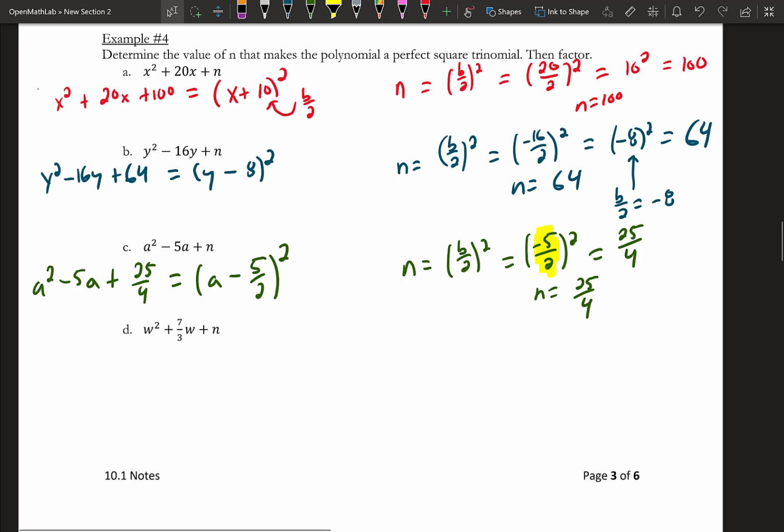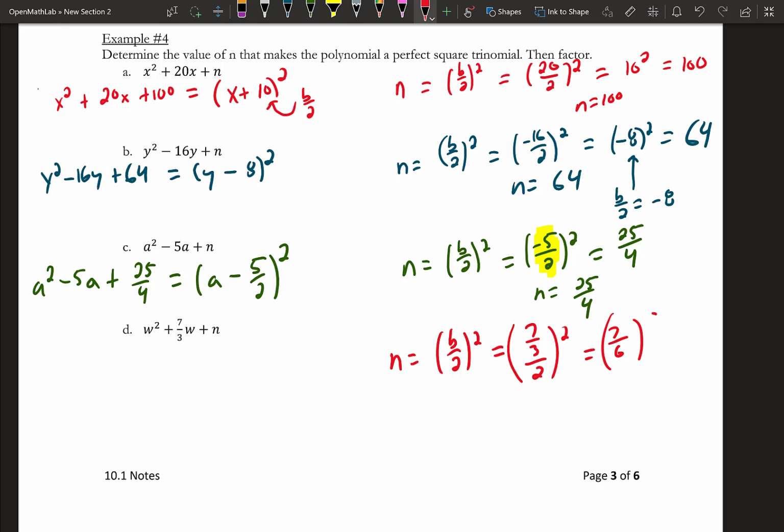Right, so then the last one, we have n equals b divided by 2 quantity squared, which is 7/3 divided by 2 quantity squared, which equals 7/6. We can multiply top and bottom by half.